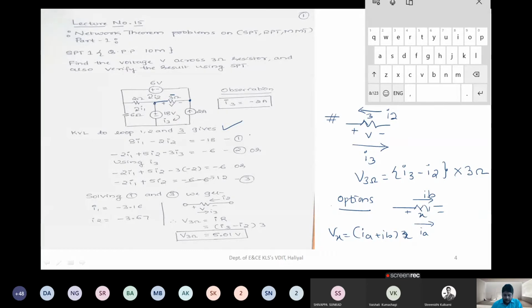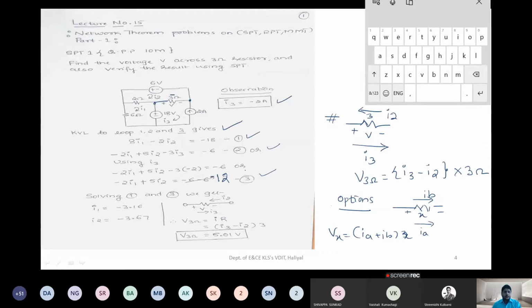If I write KVL for the 3 loops, I get these 3 equations, and we observe that in the third loop we have a current source. So I3 will be minus 2 ampere. Wherever I3 appears, you replace it by minus 2 amperes, so the value here is minus 12 for the third equation.